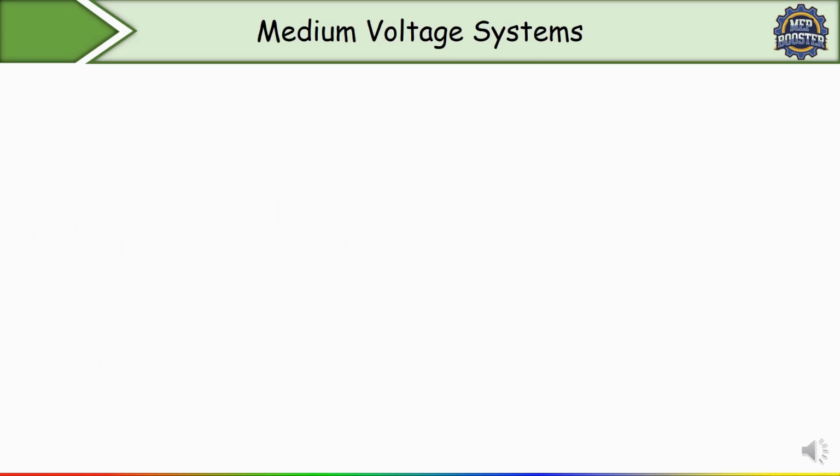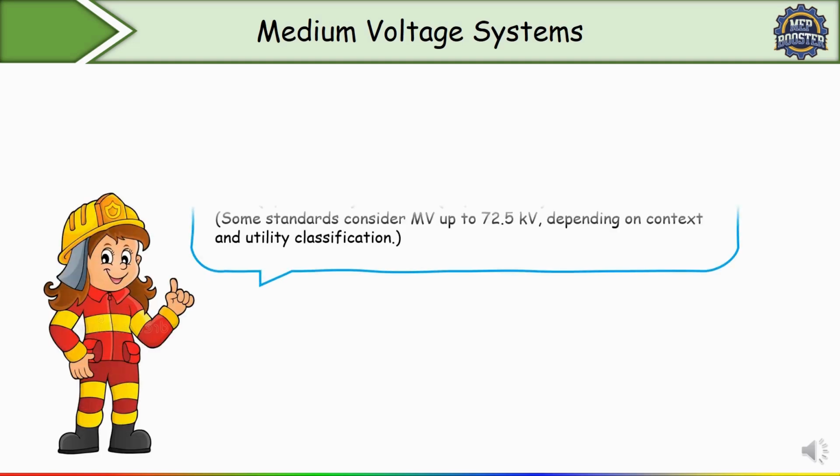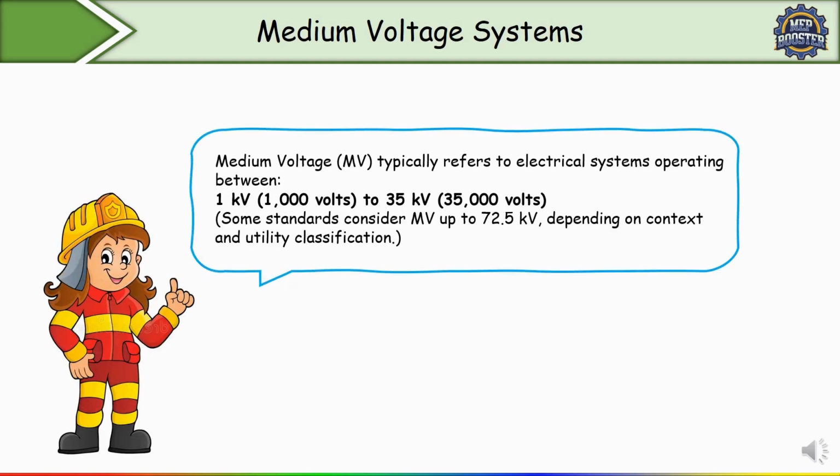Now we'll see what is a medium voltage system. Medium voltage, in short MV, refers to electrical systems that operate at voltages between 1 kilovolt, meaning 1000 volt, and 35 kilovolt, meaning 35,000 volt. However, some standards and utilities extend this range up to 72.5 kilovolt depending on the classification and application.